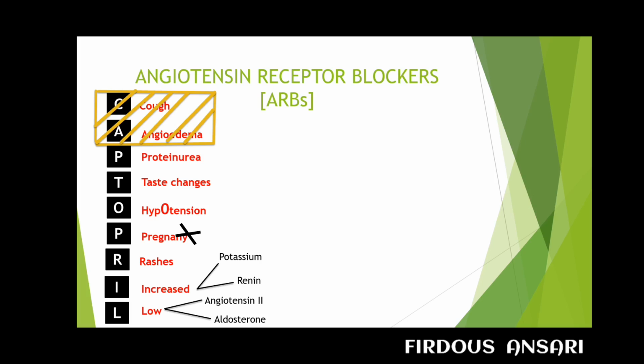In our body the activity of angiotensin converting enzyme will be present, and this is an add-on advantage of ARBs over angiotensin converting enzyme inhibitors, because ARBs do not inhibit the metabolism of bradykinin. Here bradykinin metabolism will take place, and the first two adverse effects, cough and angioedema, occur because of bradykinin. Since bradykinin metabolism is taking place, the first two adverse effects are not seen with angiotensin receptor blockers.